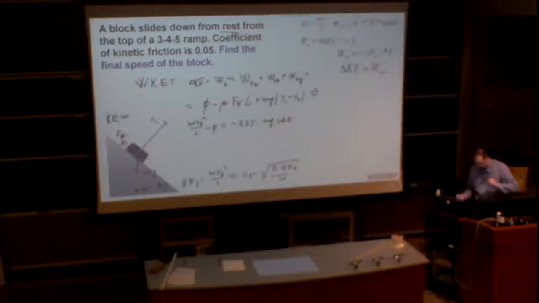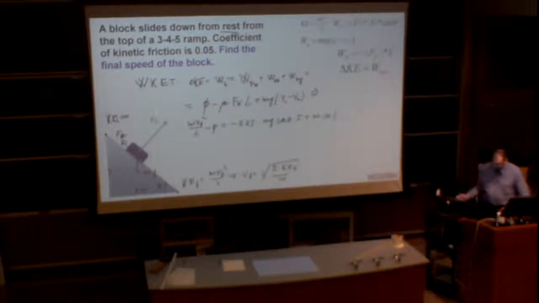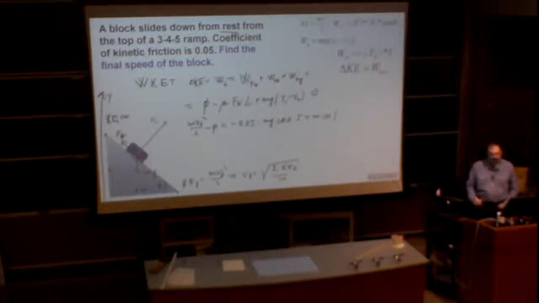And distance traveled. Well, if it's a 3, 4, 5 ramp, distance traveled from the top to the bottom will be equal to 5. All right. Plus m times 10 times... I cannot write any number yet because of the missing y-axis.